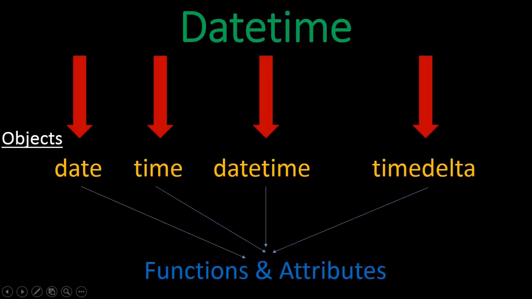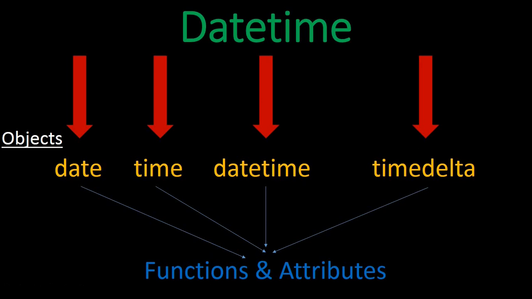And let's begin. First, let's see how this datetime is made. When you import this datetime module in your Python code, you have four principal options. You first made a date object, or a time object, or a datetime object, or a timedelta object.